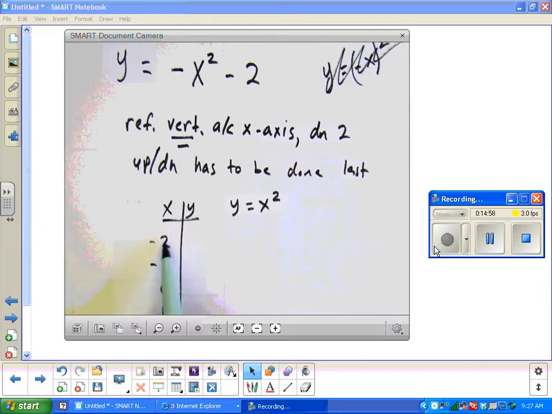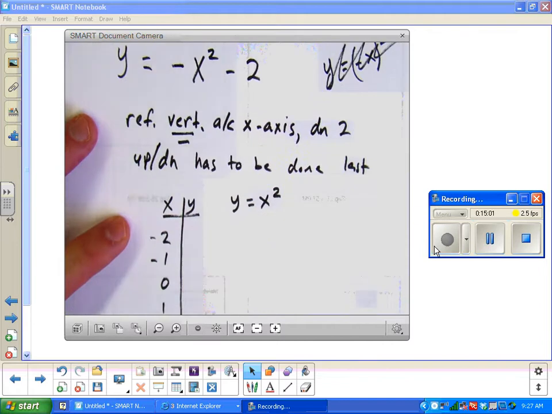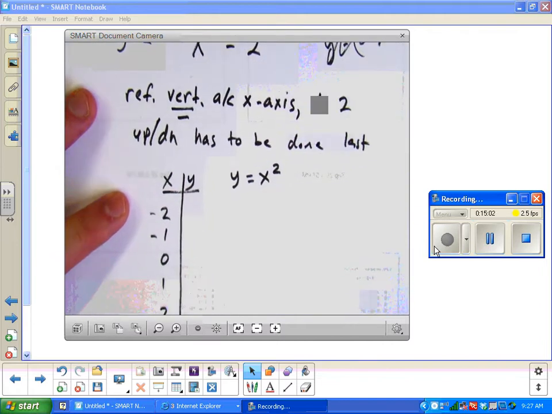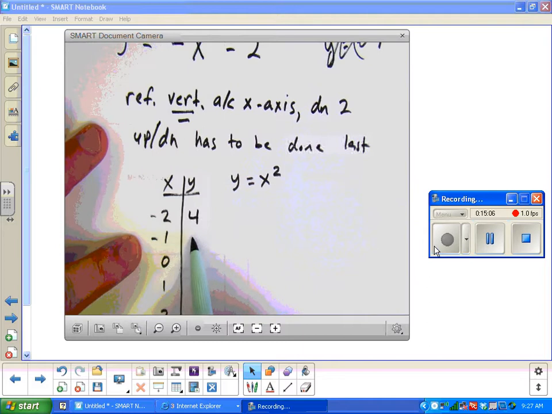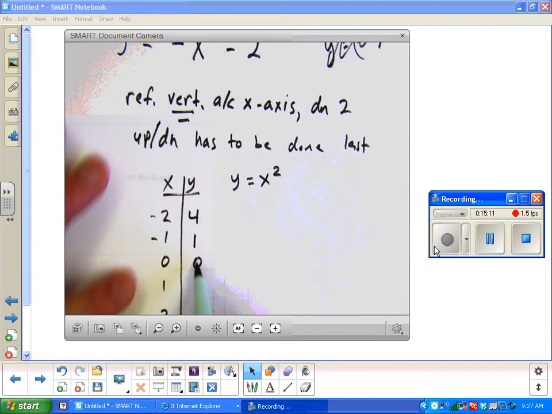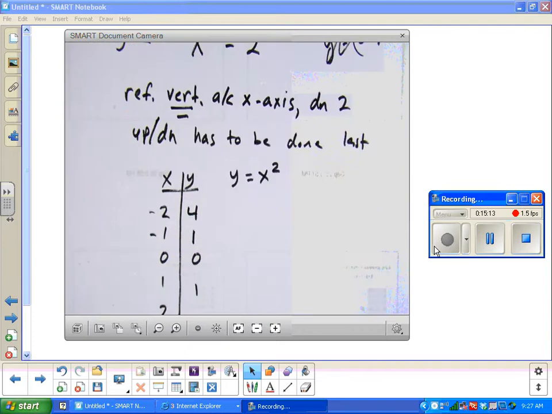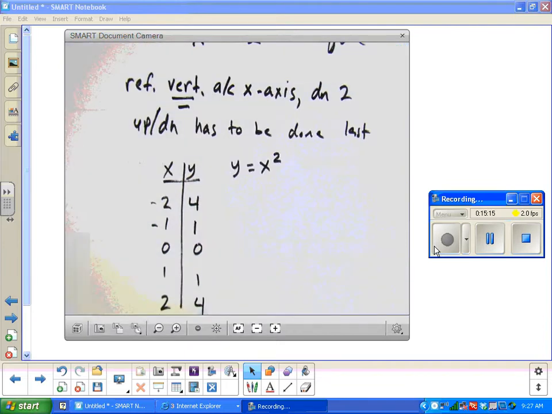We just take these and square. Okay, so this would be 4, what? 1, 0, 1, and 4. All right, we start from -2 to +2, and this was the parent graph, right?